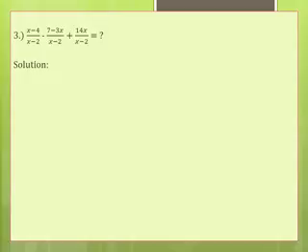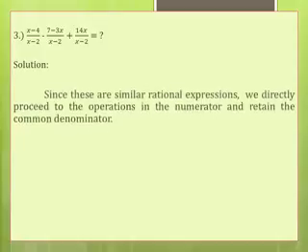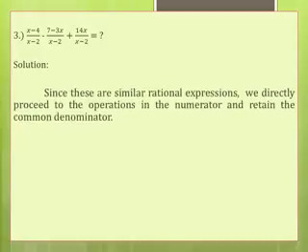Example number 3. x minus 4 over x minus 2 minus 7 minus 3x over x minus 2 plus 14x over x minus 2. Simply looking at the denominators, since these are similar rational expressions, we directly proceed to the operations in the numerators and retain the common denominator.